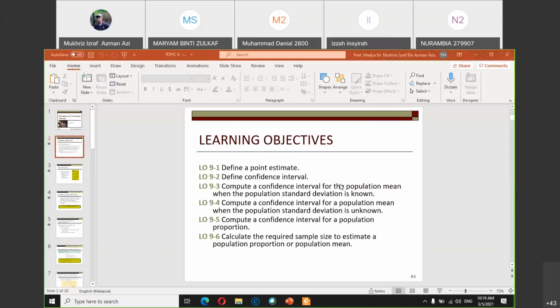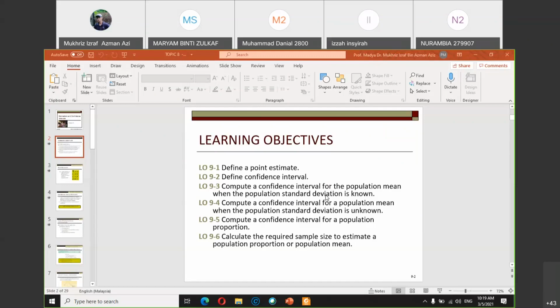And then in the previous topic, we also looked at the error term, which is the difference between the estimated value and the population value. For example, X bar versus mu. The difference between X bar and mu is what we call the error term.